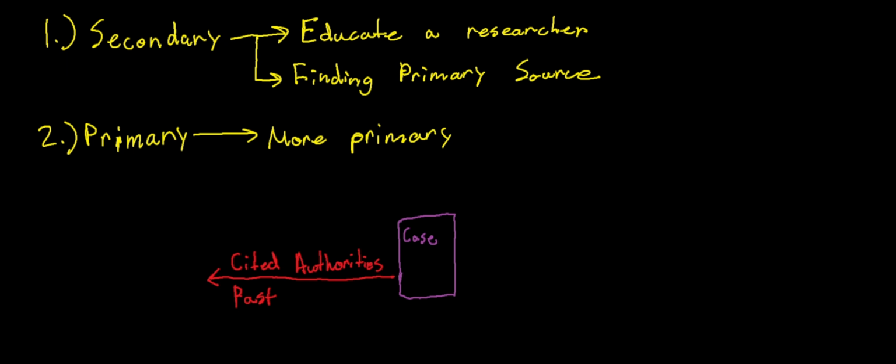And that is very useful, but perhaps even more useful is to remember that after a case is decided, future cases will cite this case as authority in their decisions. And these are sometimes called citing decisions.